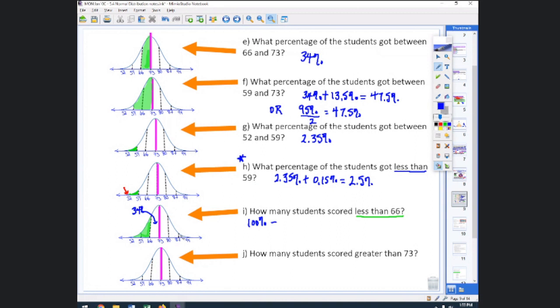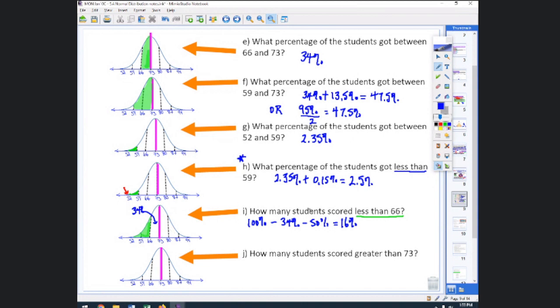What percentage is this total from the pink line to the end? It's 50%. 50%, good. So if I take out this 34 and I take out the 50, what do I end up with? Is that 16? I think that's 16.